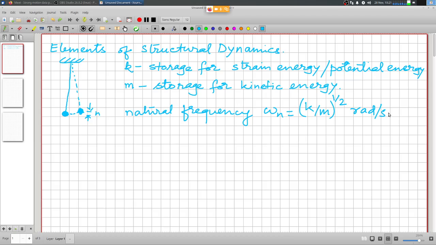The natural frequency of the system in radians per second is the square root of the ratio of the strain energy storage, the spring constant, and the mass, for a single degree of freedom system. Now, why is this important? As you can see, it's the ratio of stiffness and mass which defines the natural frequency.